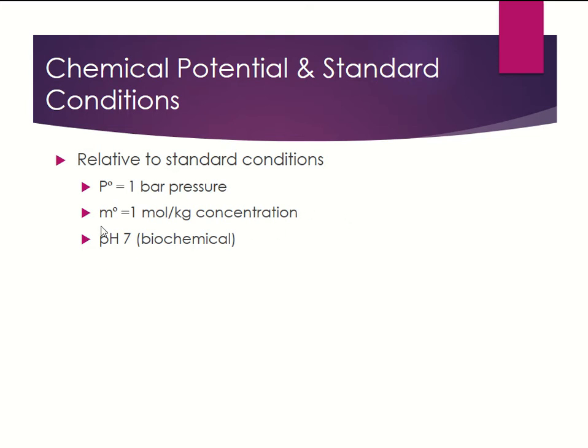When we talk about concentration, standard conditions is 1 mole per kilogram or 1 mole. A lot of times, because we're dealing mostly with aqueous solutions, we will just approximate this with 1 mole per liter of solution. And the biochemical standard conditions corresponds to a pH of 7.